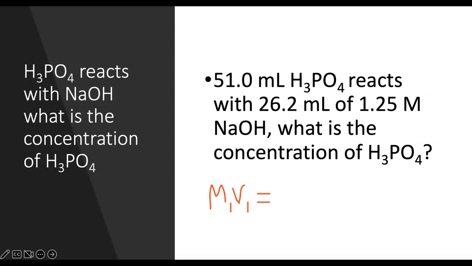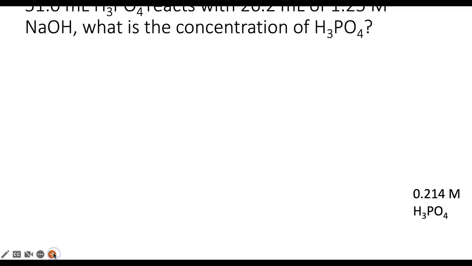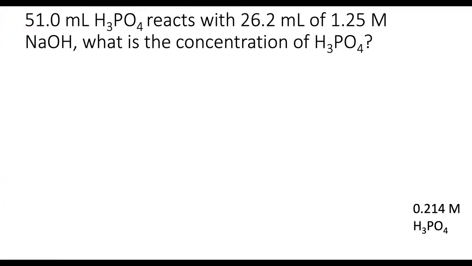The only problem is you cannot use M1V1 equals M2V2, because phosphoric acid is what we call a triprotic acid. It has 3 hydrogen ions to donate. And so for this one, you will have to write out the equation. Hopefully you can see that up there.